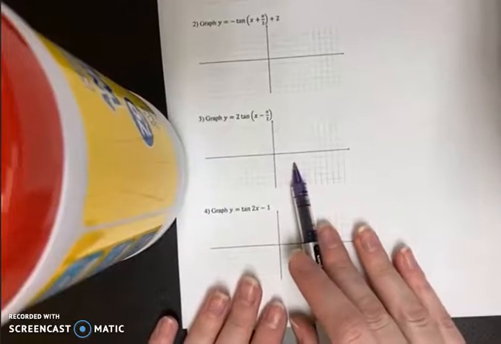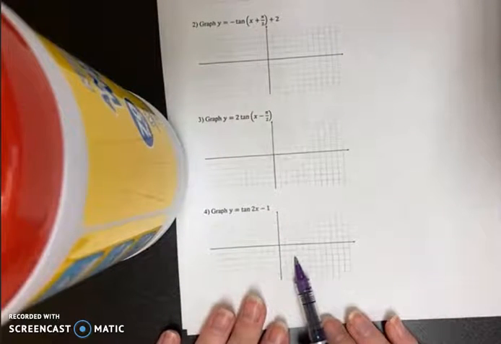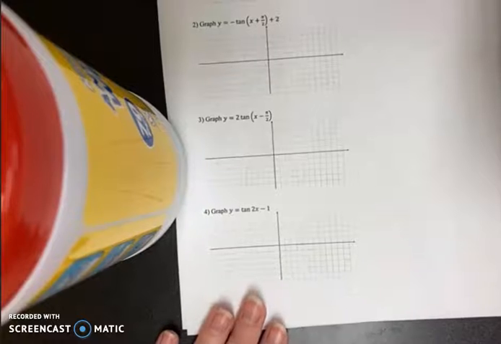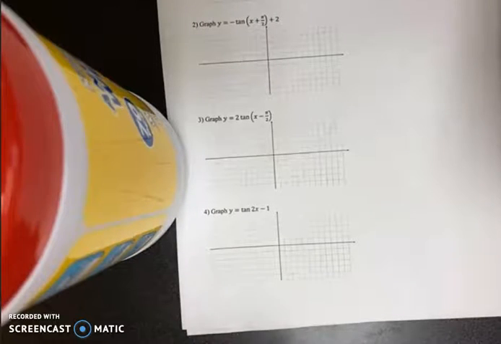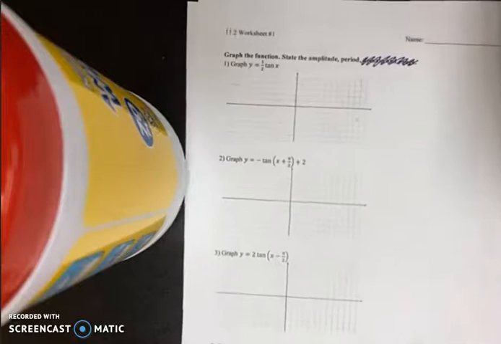Okay, careful with the a value here on number 3. And then careful with how you label the period on number 4. Really, it's just going to take practice, and we're going to spend 2 days on it. So do your best on this homework assignment.